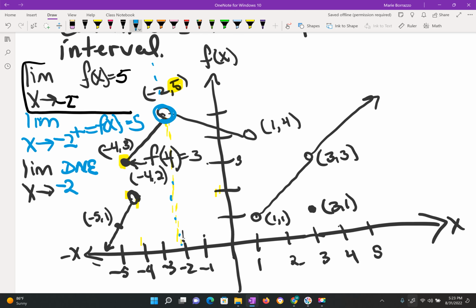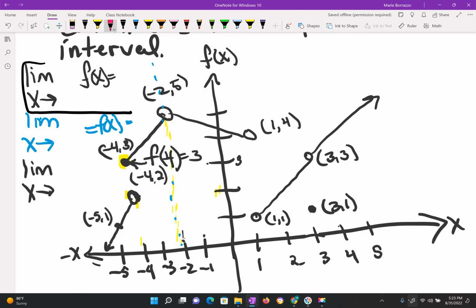I got 2 more. All right, let's take a peek. We're going to erase there. All right, let's take a look, in red, at where x is 1.